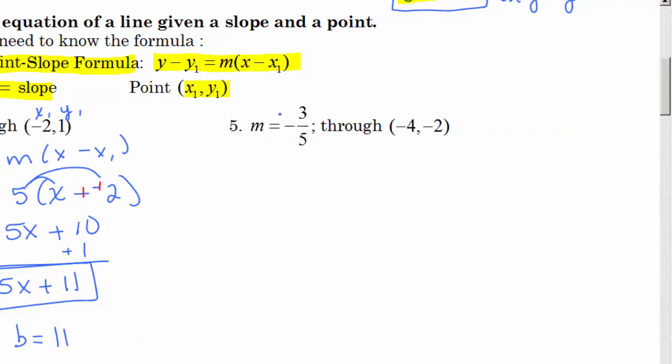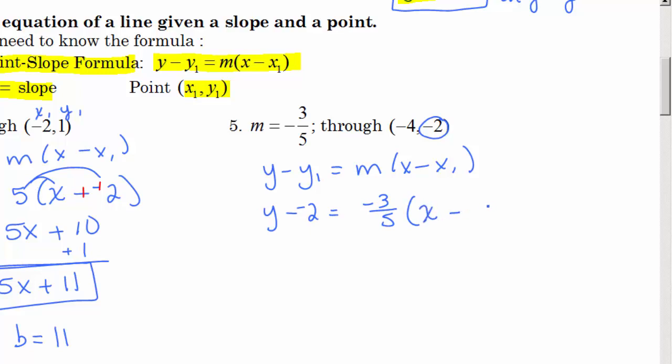Alright, now our algebra is going to go a little bit harder because of the fraction, but we still have that same formula. So we have y minus our y1 equals our m times x minus x1. So we have a lot of minuses.